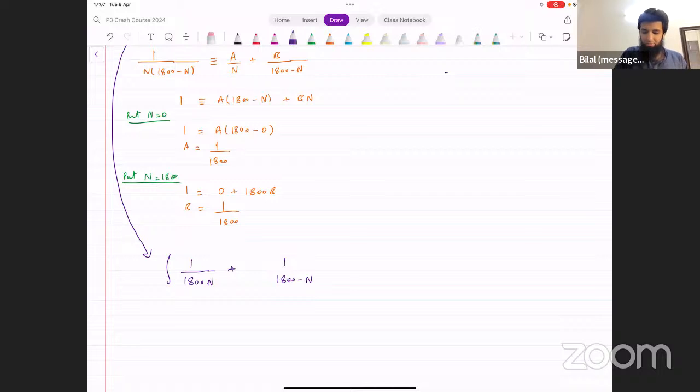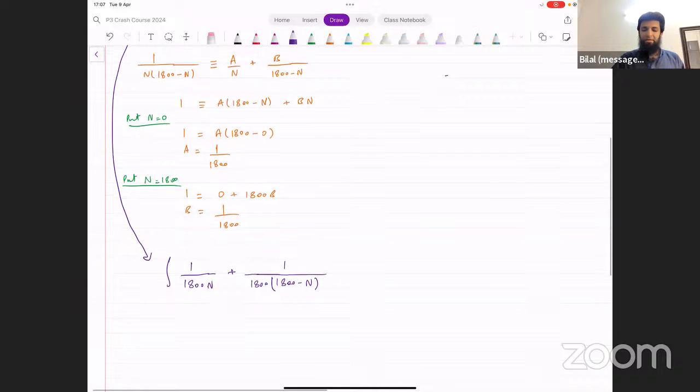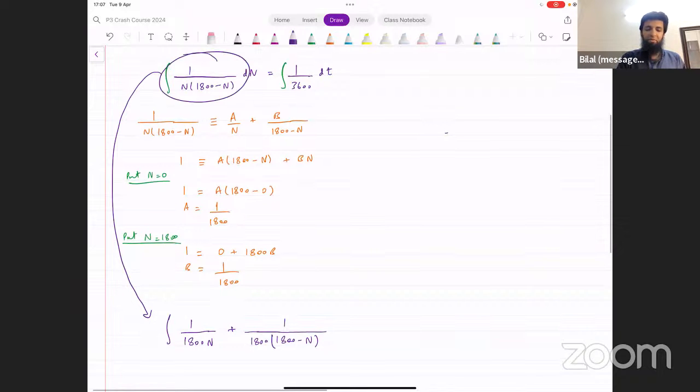It's going to be 1800 multiplied by 1800 minus n, like this. This is what this left-hand side becomes.